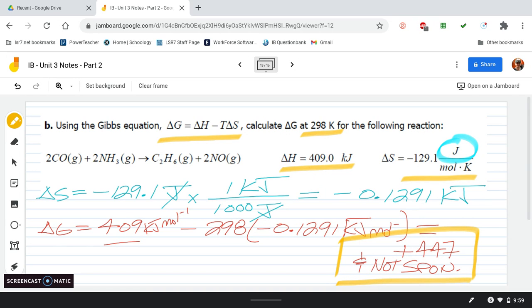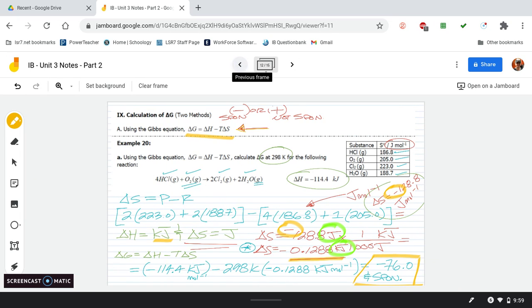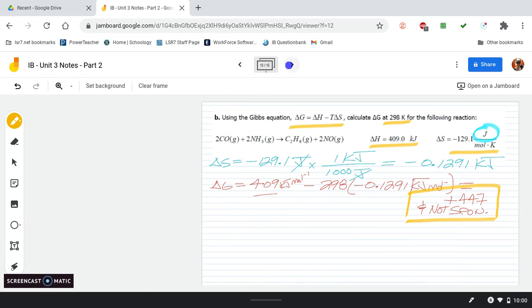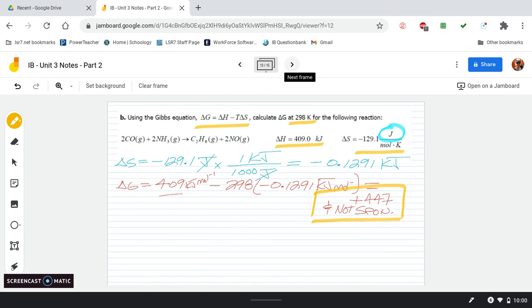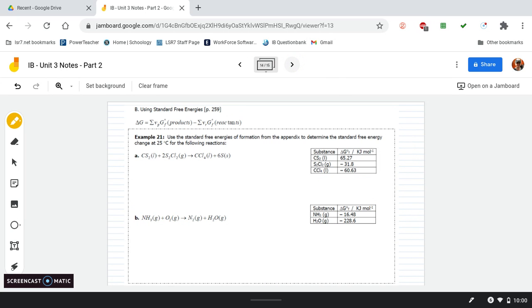If you had a test question, it might say, what's the value for delta G and is it spontaneous or not? Both of these are good test type questions. This one's a little more work. Example 20. Example 20B is a little bit easier. So let's go ahead and move on.